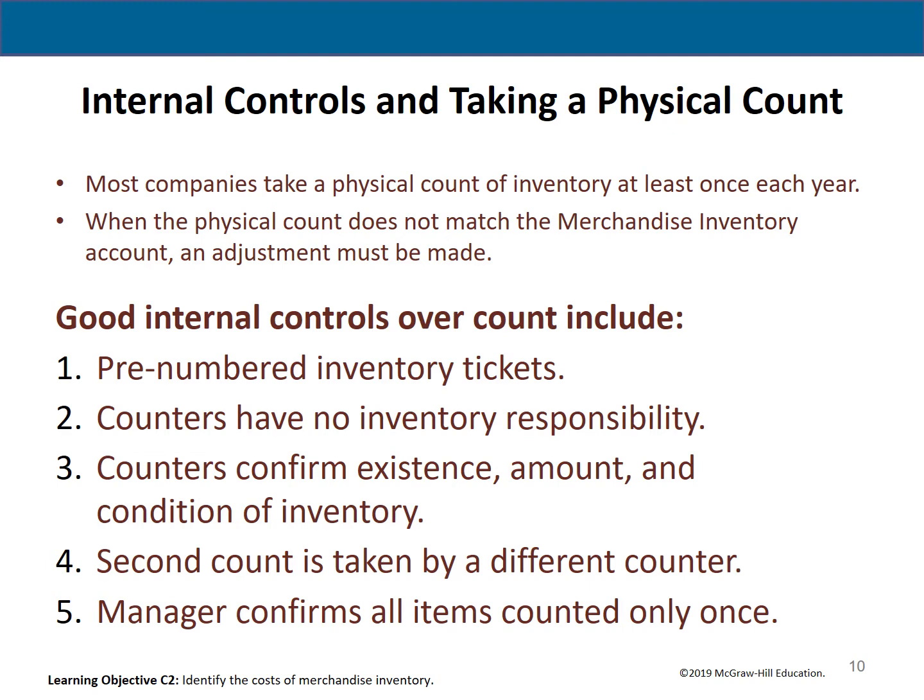If it doesn't, you have to adjust the account, an adjusting journal entry, to agree with your physical count, just like we do with supplies. Okay? You've got to make sure the asset value in your records reflects the physical asset you have. Some more procedures are companies will use pre-numbered inventory tickets so that only merchandise with these pre-numbered numbers will be tagged and all numbers are accounted for.